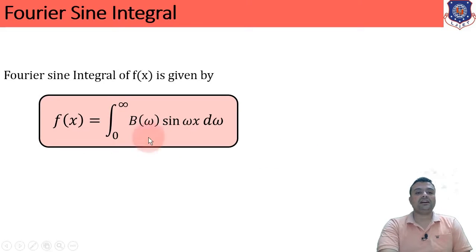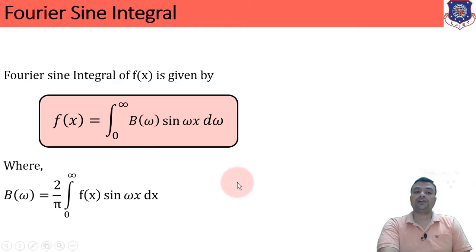So we'll see how to represent f of x as the integral from 0 to infinity of B(omega) sine omega x d omega. And here also B(omega) is 2 by pi times the integral from 0 to infinity of f of x sine omega x dx. It is almost similar to the Fourier sine series for odd functions on a symmetric interval.